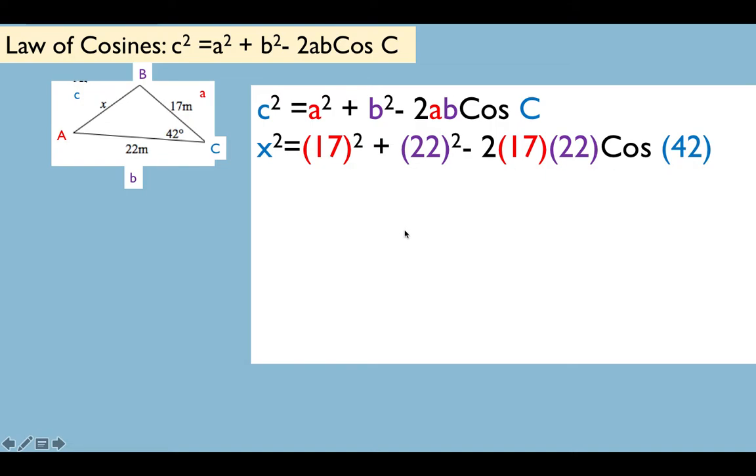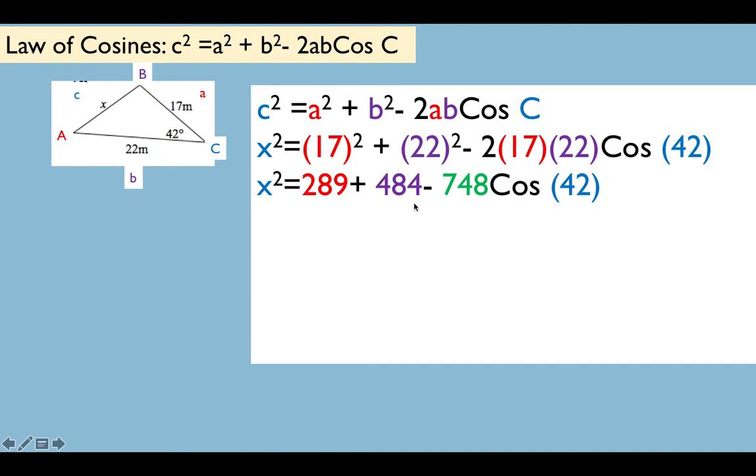Let's simplify this using a calculator. 17 squared is 289. 22 squared is 484. Remember, when I say squared, that means the number is being multiplied by itself. Then we have minus, and I did 2 times 17 times 22, and I got 748. Then I brought down the cosine of 42.